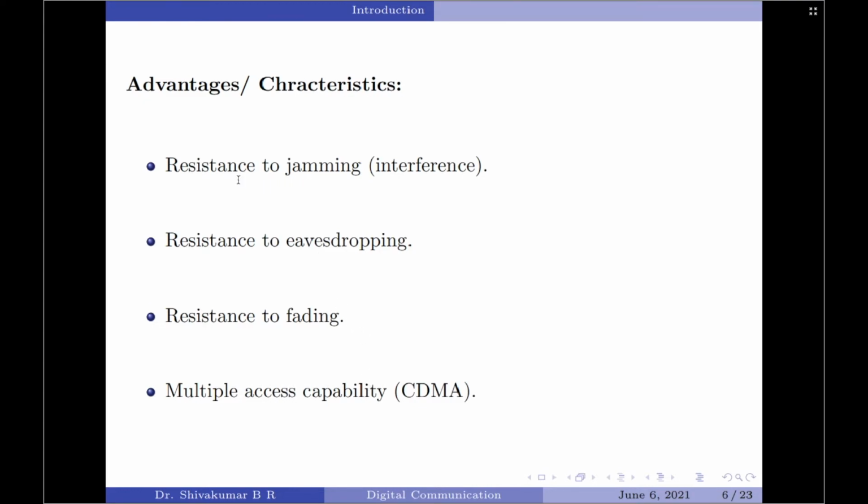Starting with resistance to jamming or interference. Direct sequence spread spectrum is good at resisting continuous time narrowband jamming, whereas frequency hopped spread spectrum is better at resisting pulse jamming.